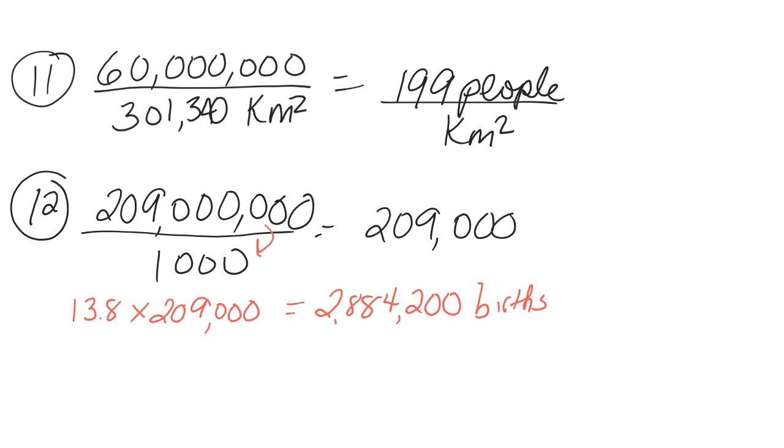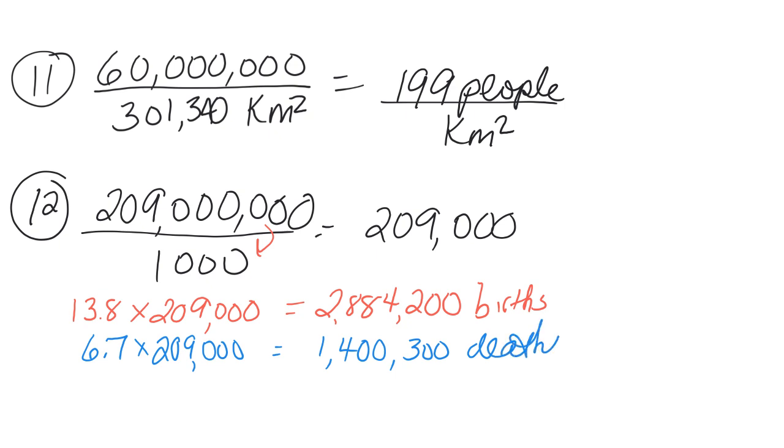We're going to do the same with the death rate for Brazil, which is 6.7 per thousand. So we'll also multiply this by 209,000. And we're going to get 1,400,300 deaths.